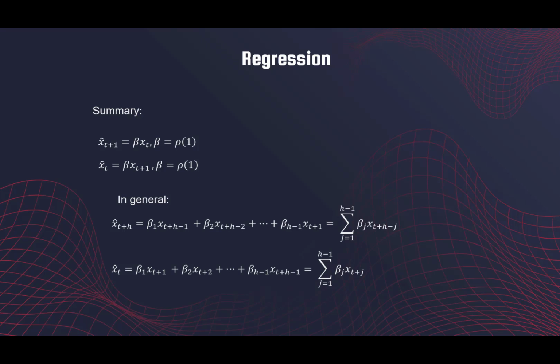Note that I'm using the same betas. Here we saw that this beta value ended up being the same. We didn't know it at the start, but it ended up being the same, and it will also hold true here. You don't know this now, but I'm using the same notation because these betas will end up matching.